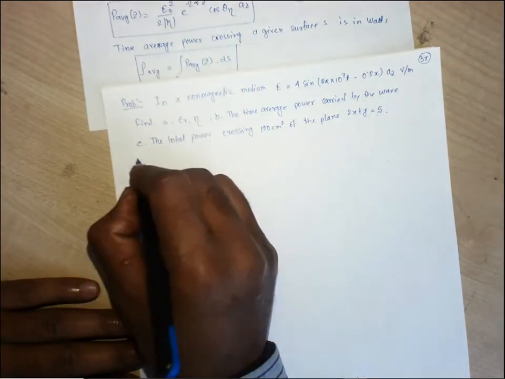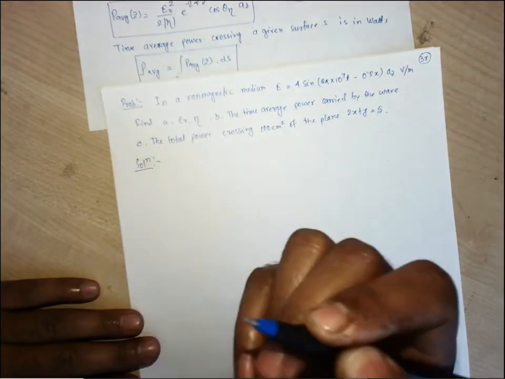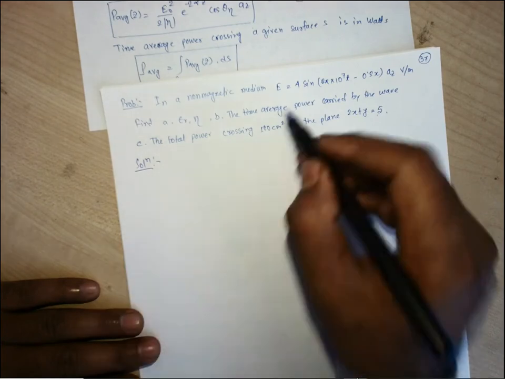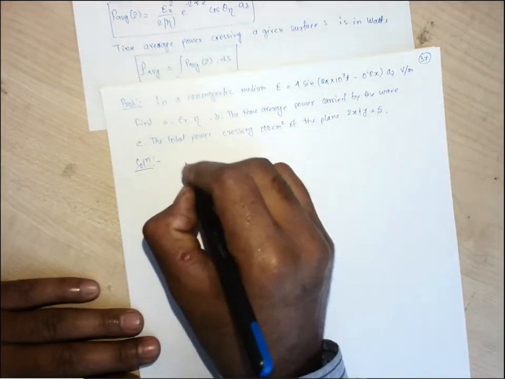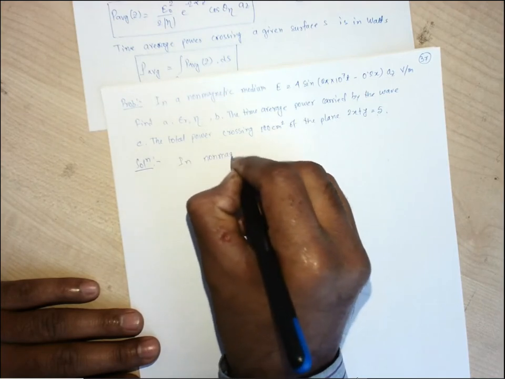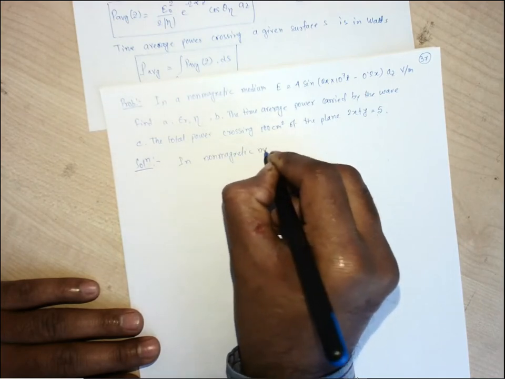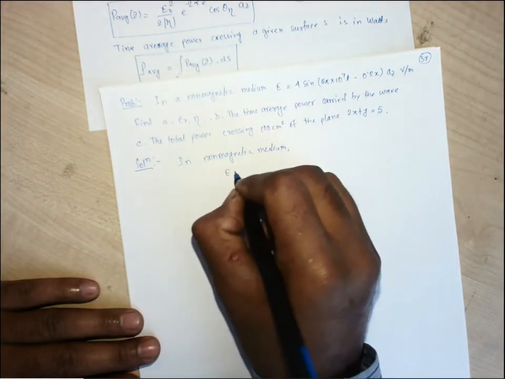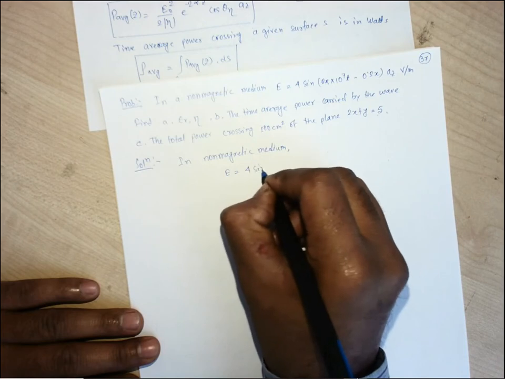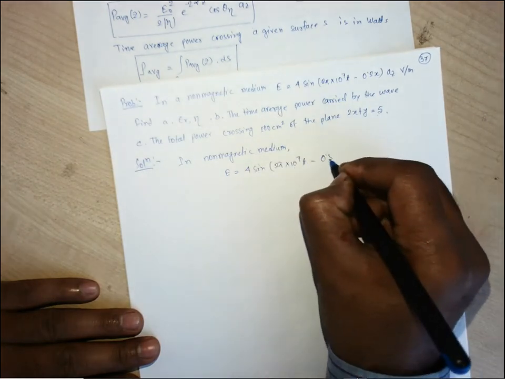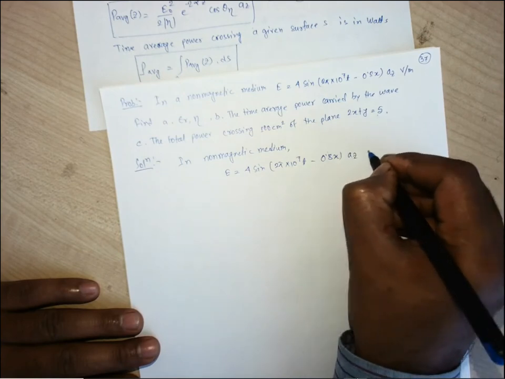First of all, we need to go with the medium properties. In a non-magnetic medium, E is given as 4 sin(2 pi times 10 to the power 7 t minus 0.8 x) az volt per meter.